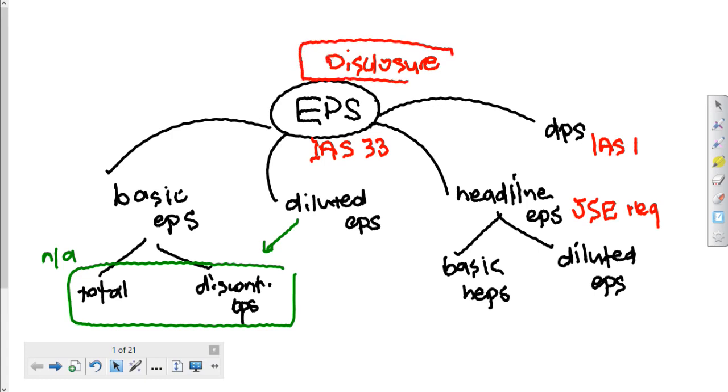There are no journal entries, there's no measurement. It's just something extra that we disclose. It's not part of your trial balance in any way, and we won't see journals. So most of the time they either ask disclosure or calcs. They might just ask you to calculate, or they will ask you to disclose.